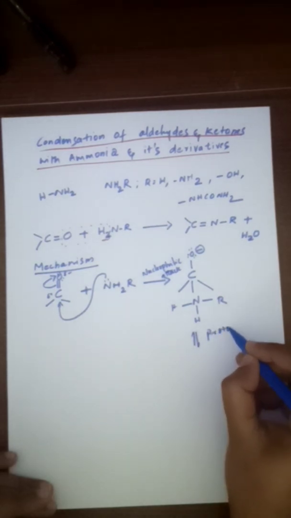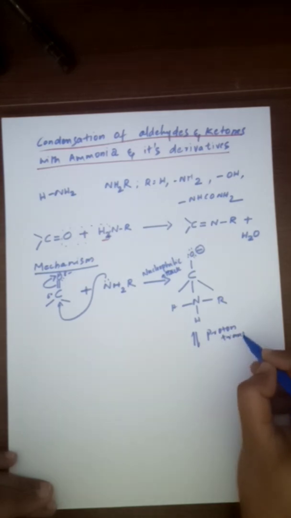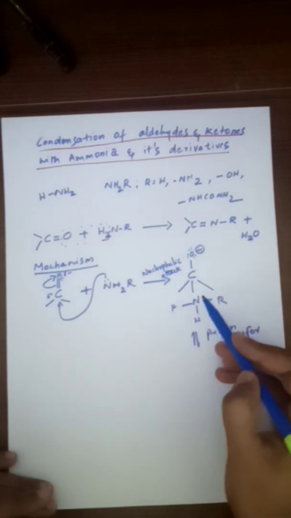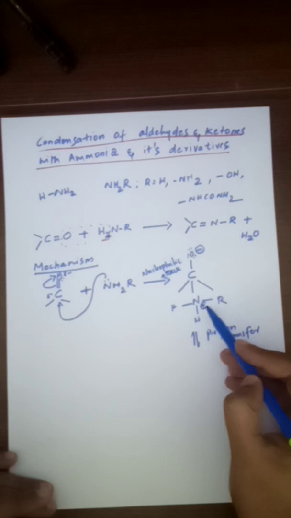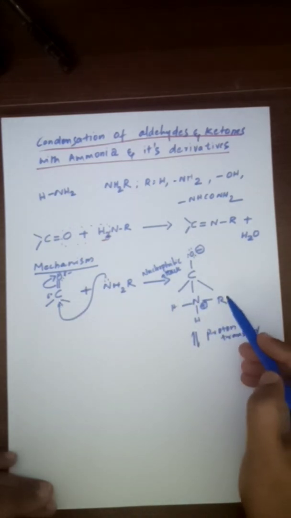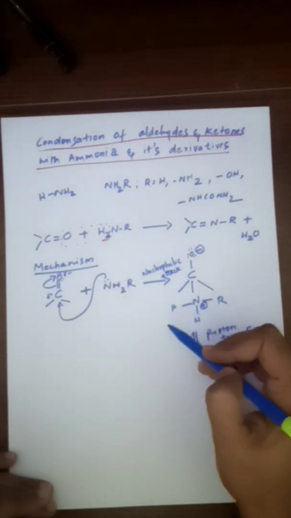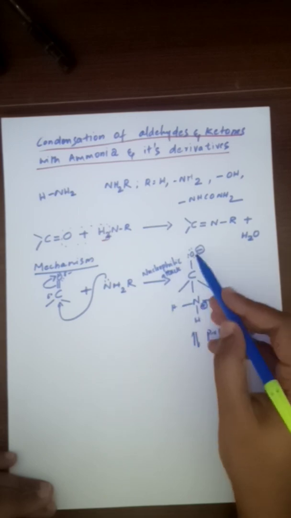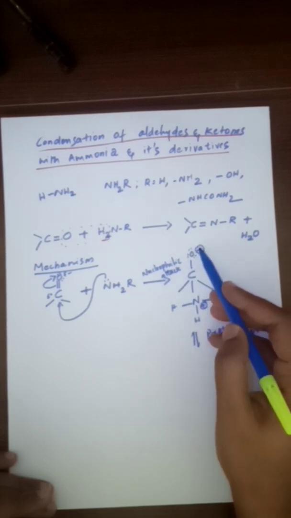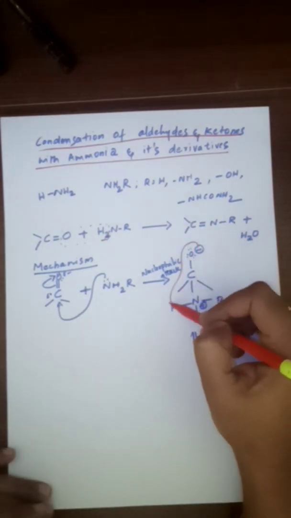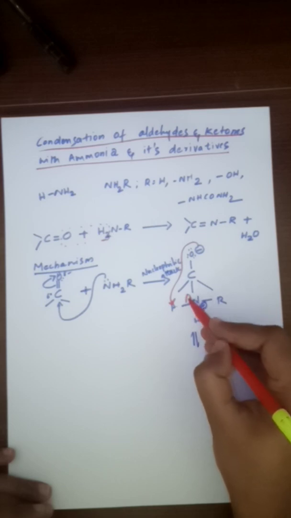You have seen that the O is negative here, and we have a hydrogen here and there is a positive charge on N, because N has given one pair of electrons. In order to neutralize this positive charge, a proton will be abstracted by this oxygen, and oxygen also will get neutralized.